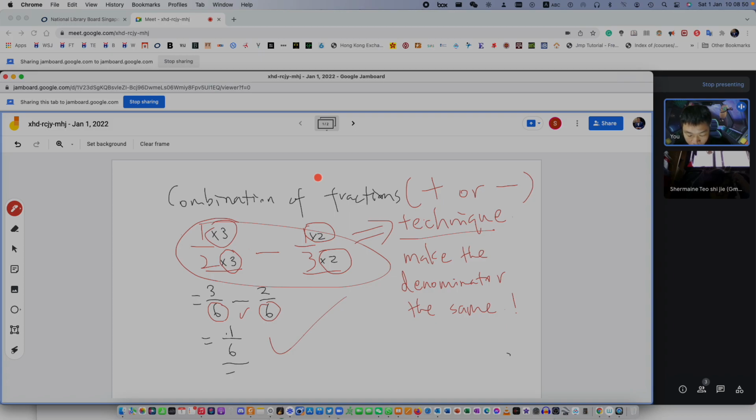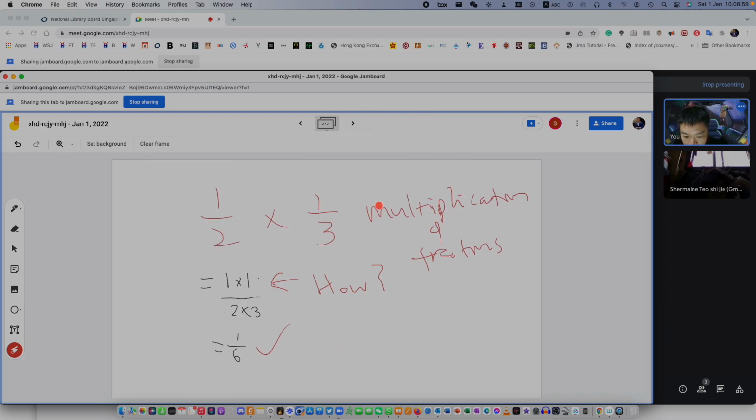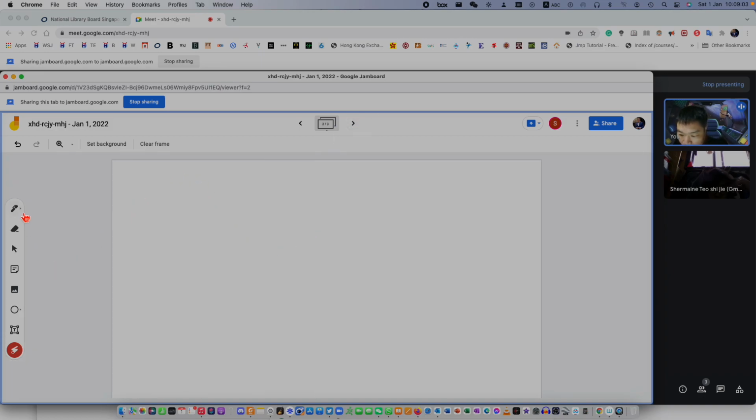So you know what you should do when it comes to addition and subtraction, and of course multiplication of fractions. Okay, next, what about division? How do you do division? Go ahead.